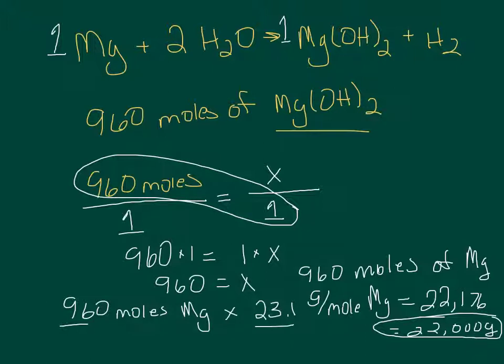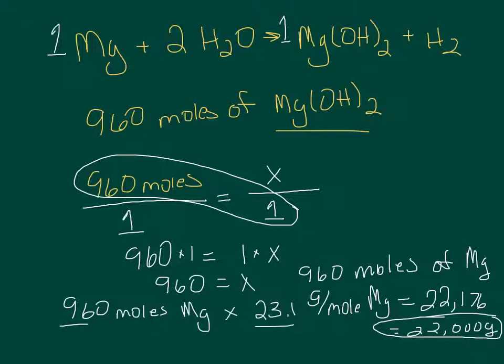Okay, now this is a full stoichiometry problem, going from giving you grams to begin with, and your answer needs to be in grams. But there can also be partial problems. Now, if the question had started with moles, and it gave me this 960 moles of Mg, there would be no reason to do step 3, because it would already be done for you.